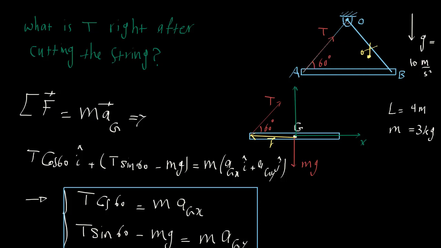Or if you want to say in this direction, it doesn't matter, because the acceleration is normal to this line, so it is normal to A O as well as normal to O A.